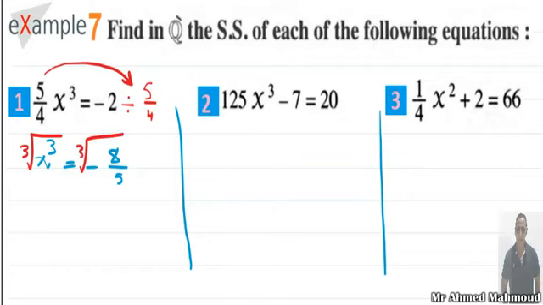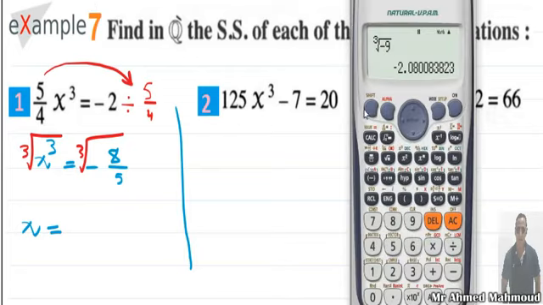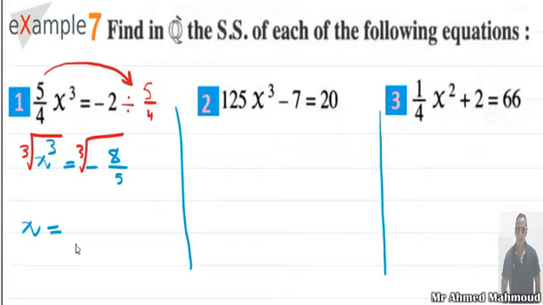Then x equals... when we write this in the calculator, it gives me a decimal. I will write the answer as a root, not as a decimal number: cubic root of negative 8 over 5.